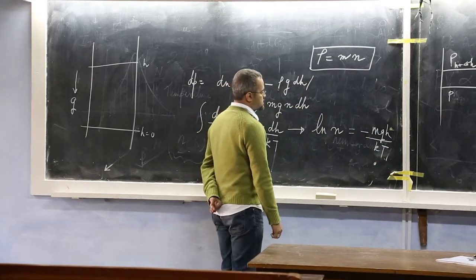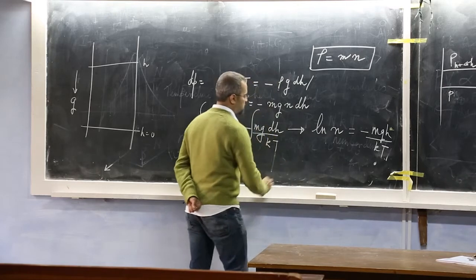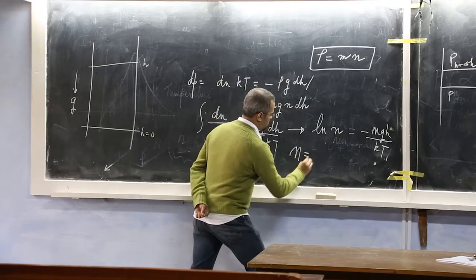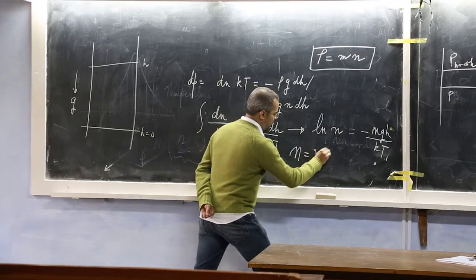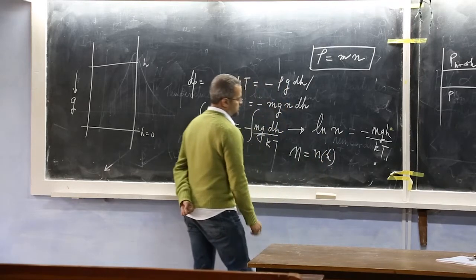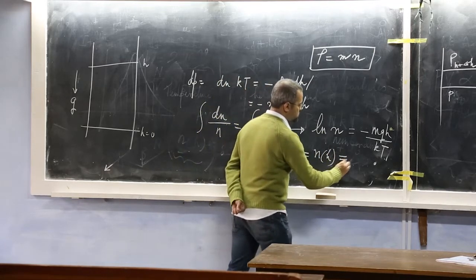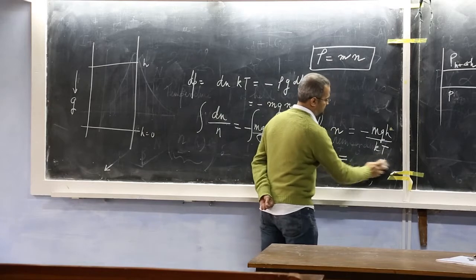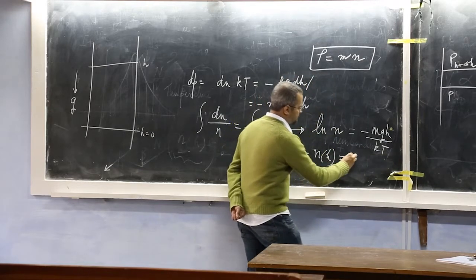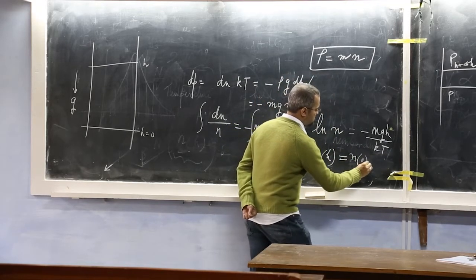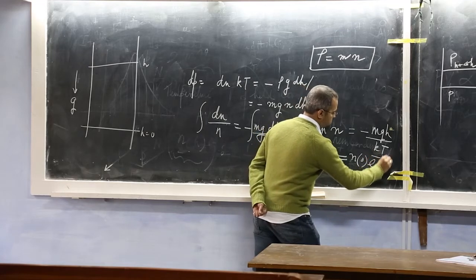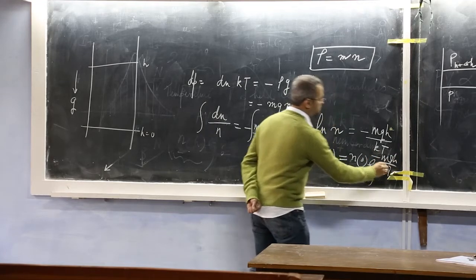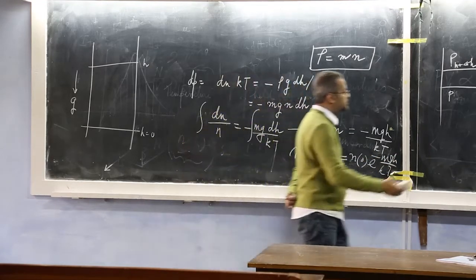So log n equals minus mgh by kT, which immediately means that n at h equals n at 0 times e to the power minus mgh by kT. Let me write it down over here.